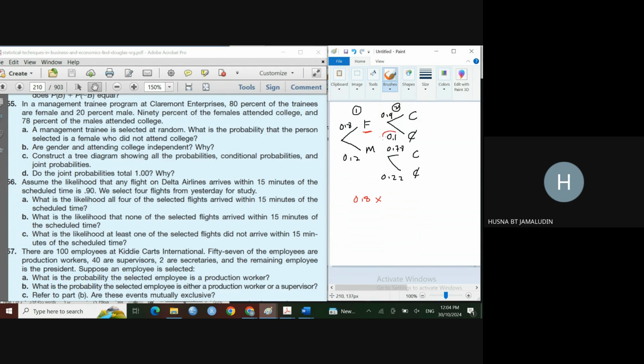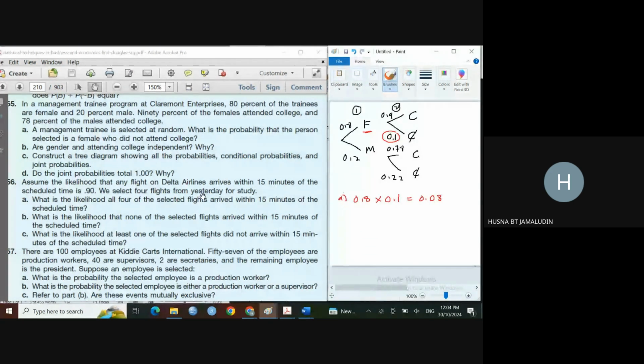What is the probability? 0.10. So what is the value? 0.8 multiplied with 0.10? 0.08. Okay, this is part A.